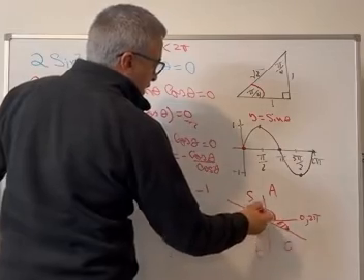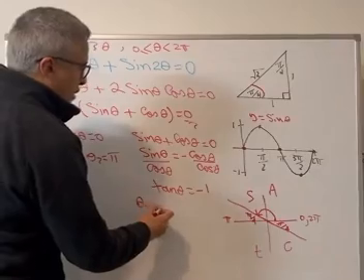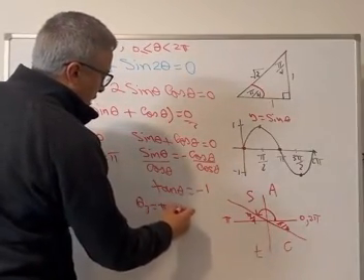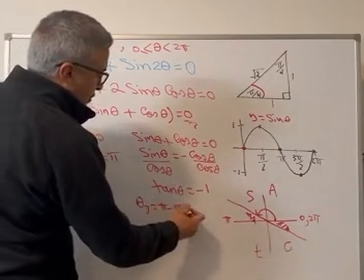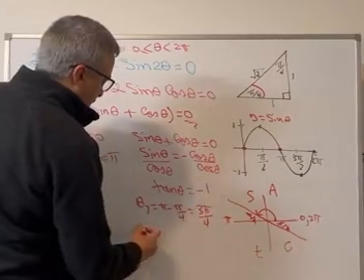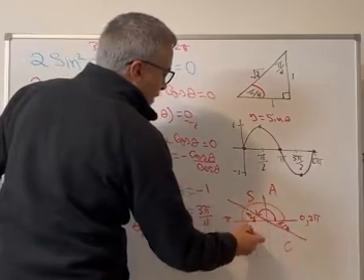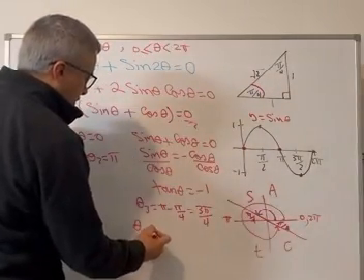So this first angle here, so theta 3 if we want to call it, theta 3, we'll go all the way to pi and take away pi over 4. Pi minus pi over 4. So consider this as 4 pi over 4 minus pi over 4, common denominator, 3 pi over 4. And theta 4, and the last angle, is this one right here. And this one, go all the way to 2 pi and take away the pi over 4, the reference angle.